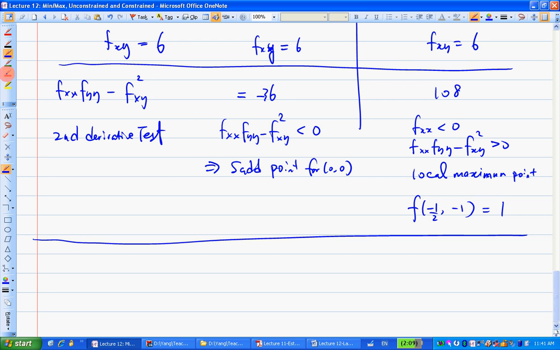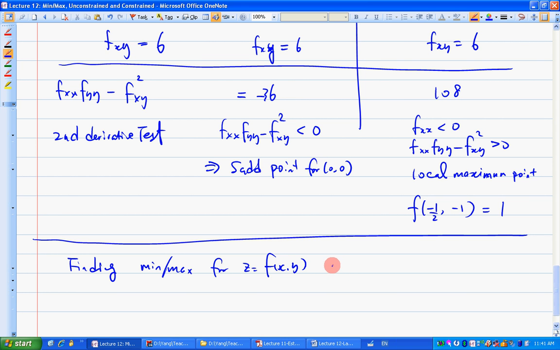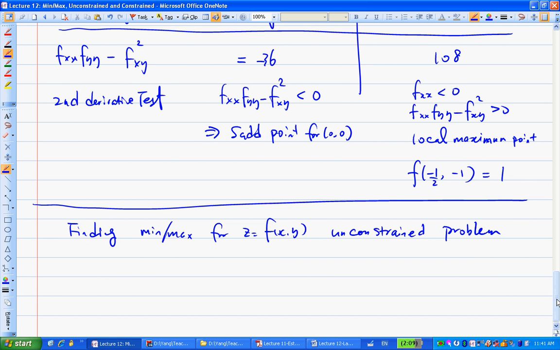So what we just had is, find the min or max of z equal to f(x,y). That can be called an unconstrained problem. And this is basically a sort of optimization problem.